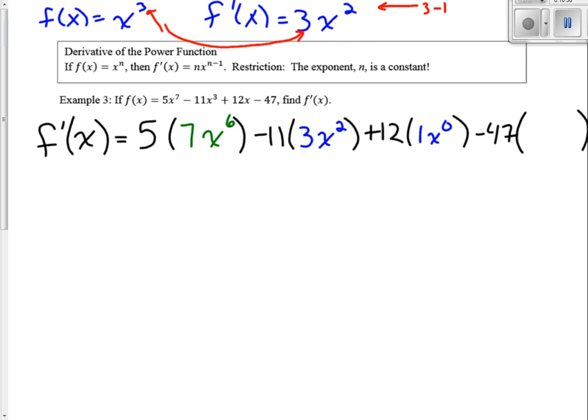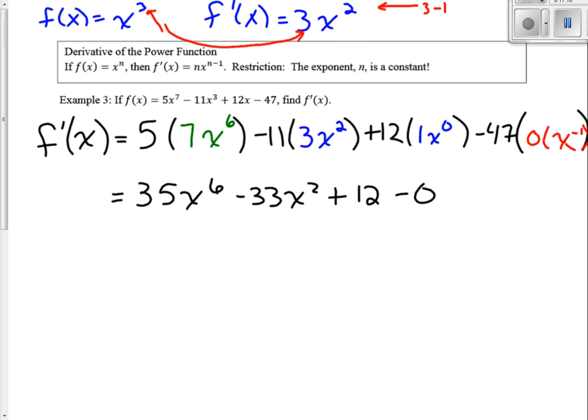When I take the derivative of this one, I have 0 times x raised to the negative 1, but 0 times anything is 0. So let's rewrite this now. I have 35x to the 6th minus 33x squared plus 12 minus 0. I don't need to write that minus 0, so we would typically just leave it like this. And that's the function for our derivative.